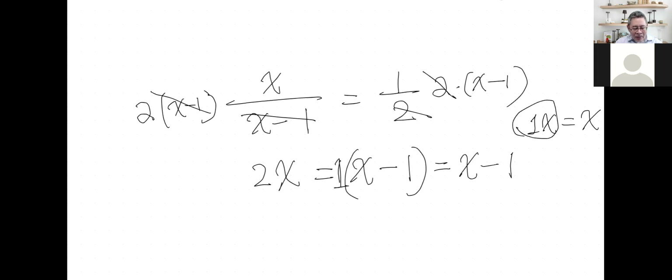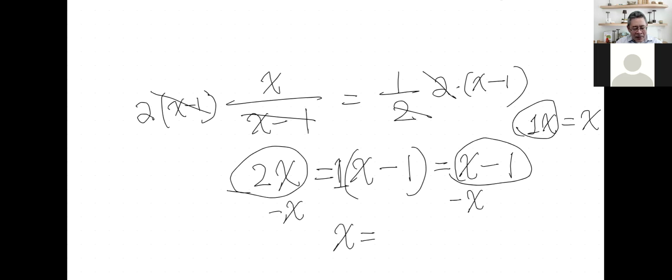Okay. So once you got here, then we just need to take out this x on both sides. Then the left-hand side is x, right-hand side is -1. So that's how we got x equals -1.